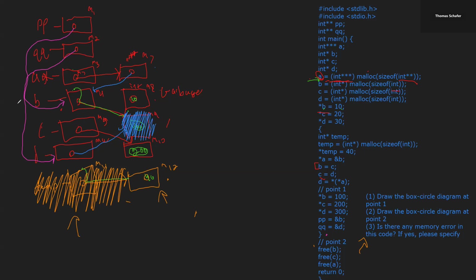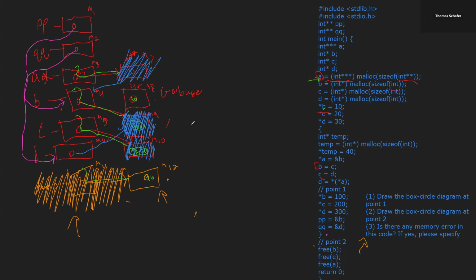And then similarly, we free C. So we look at C, go inside the circle, follow, and then we go, okay, this box is gone forever. And finally, we free A, we go inside the circle, follow the arrow, whatever box we're looking at, we yoink.